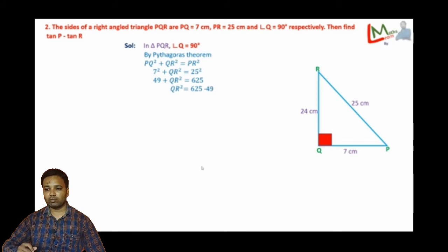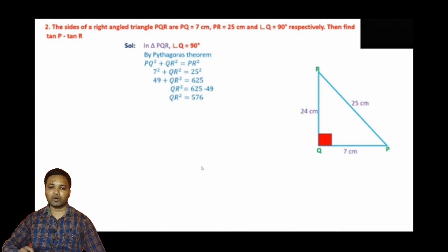PQ is given to be 7, so 7 square plus QR square is equal to 25 square. If you simplify, we get 7 square equals 49, 25 square equals 625. So we get the equation 49 plus QR square equals 625. Let us apply the transposition of 49 to the RHS.